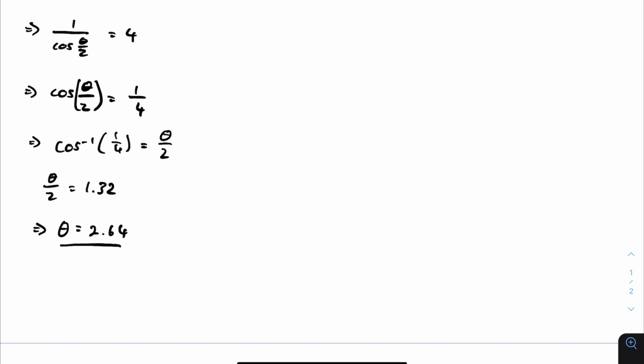Now, there are other solutions to this. Remember that if we go the other way in the unit circle, if we just look at the quadrants for a second, we have sine positive in this one, all of them positive in this one, cosine is positive in that one, tangent is positive in that one. Well, we just took the first solution that we got, which was in the all section.